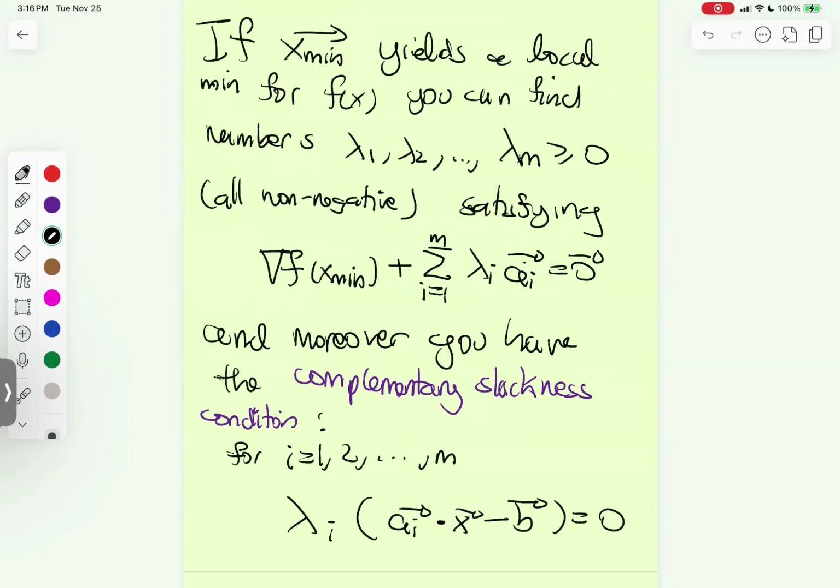Oops, I'll be i, sorry. So what this is saying is that either lambda i is 0 or this combination a_i dot x minus b_i is 0.